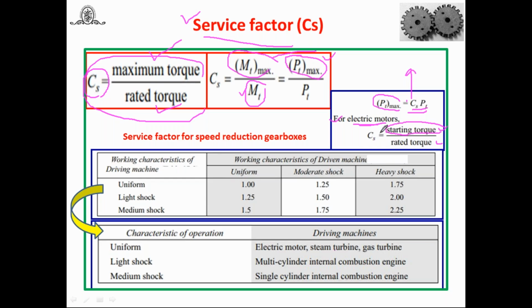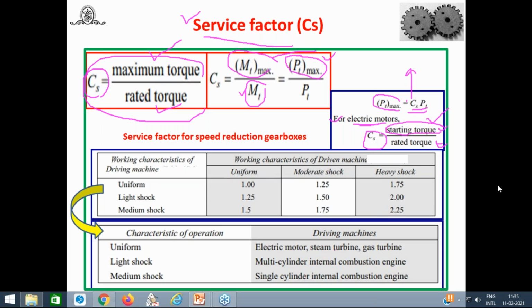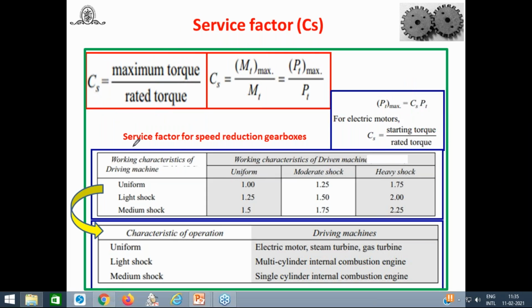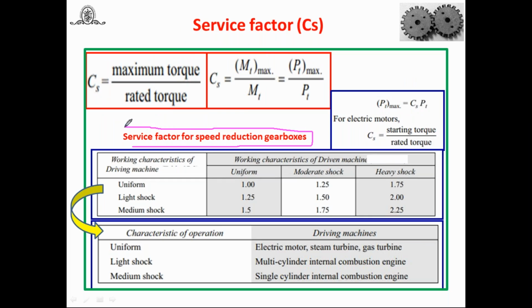And that's why, while designing such rotors or shafts, you have to take into account such a service factor. For an electric motor, starting torque is more than the rated or running torque, and that's why for an electric motor CS is equal to starting torque upon rated torque, and for a gear, maximum torque upon rated torque. Try to understand these things. And that's why while designing speed reduction gearboxes, you have to use service factor.